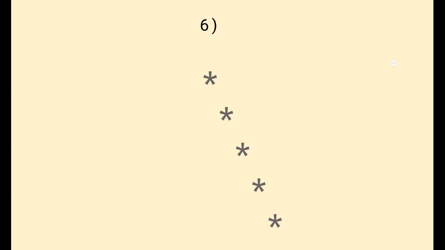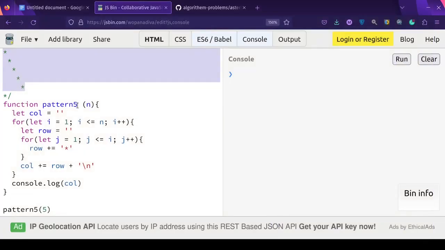Next thing we need to do is to print out this pattern, which is actually our 6th pattern. So again, I'm going to edit the previous function. Let's call it pattern 6. And again, we need a column to store every row in it. Again, we need a for loop which starts from 1, and as long as it is less than or equal to n, it's going to be incremented.